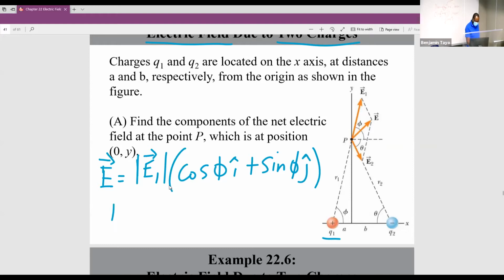And then I have plus magnitude of vector E2. So E2 is the electric field from charge number 2. Now when I write this direction here, it's going to be negative cosine. Sorry, this is plus cosine here, minus.